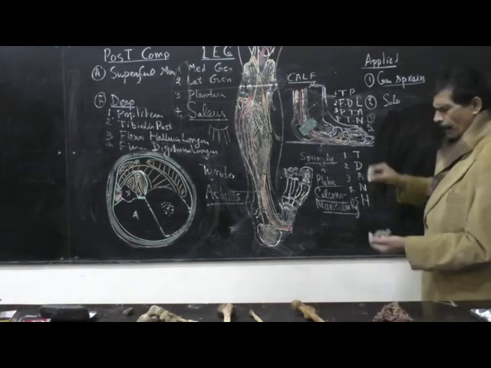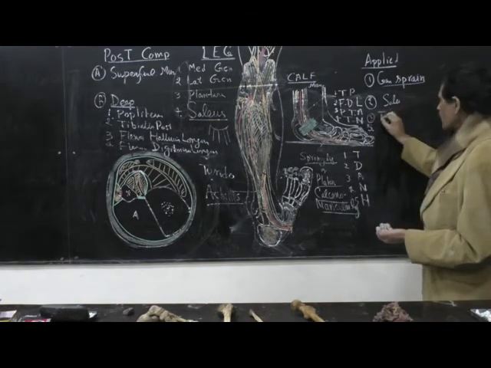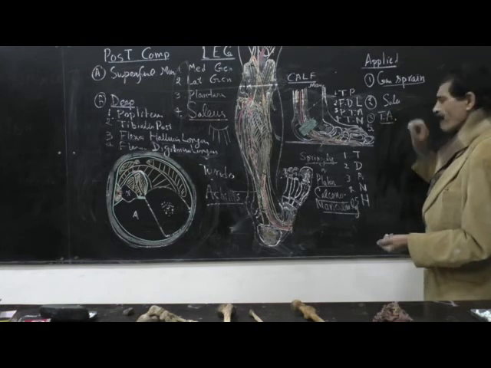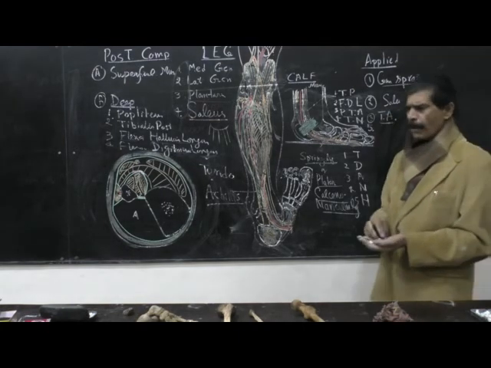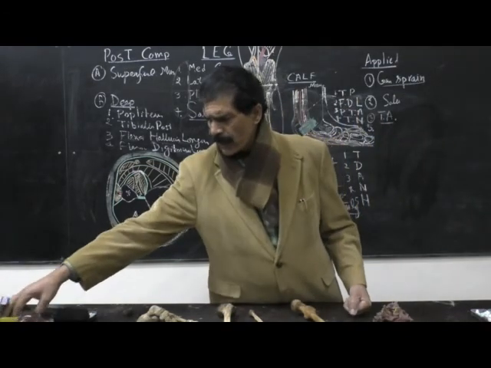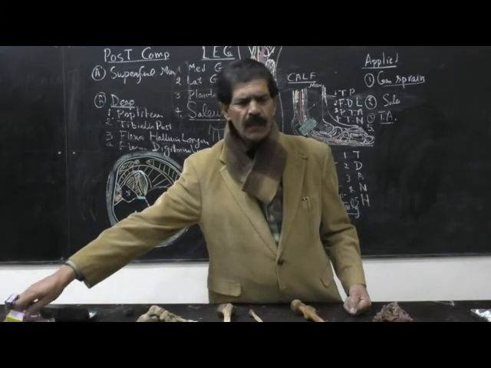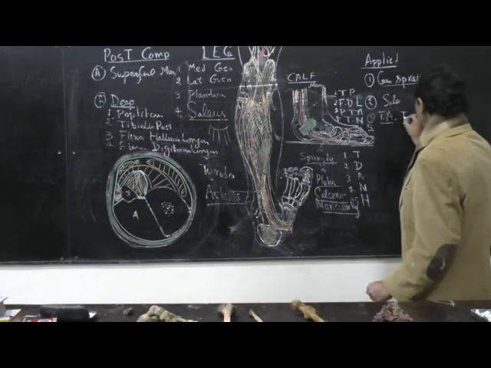Third is the tendocalcaneus or tendo Achilles. As we know, the tendo Achilles is the strongest tendon of the human body, and this tendon of the muscle undergoes tear or damage.